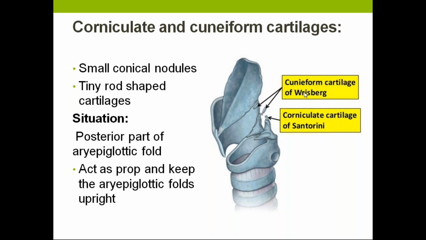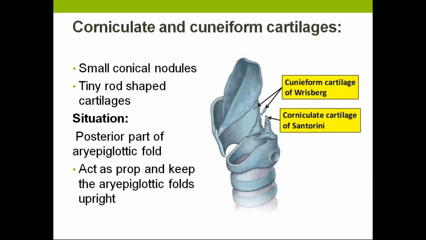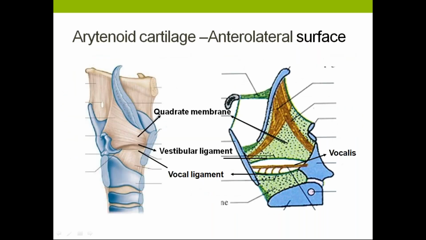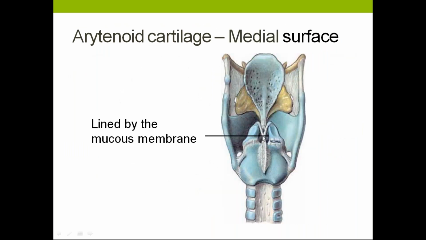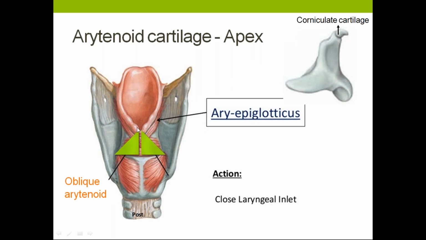In the next picture you can see. I forgot to put that picture, I'll show it in the next slide. So actually, I told you it is located in the posterior part of the aryepiglottic fold. The main function here is that it acts as a probe and keeps the aryepiglottic fold straight. Wait, I'll show it in the picture here. So this is the aryepiglottic fold.